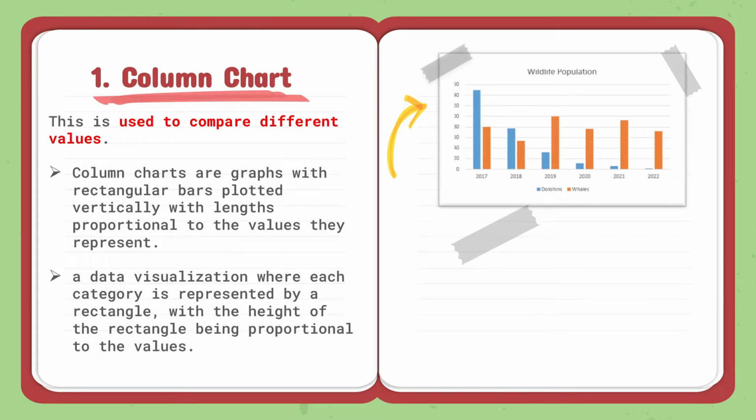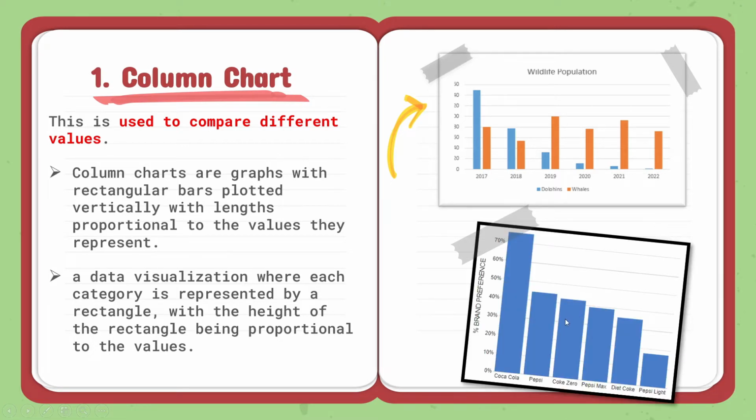So if you look at this one, this is an example of a column chart. The bars are plotted vertically, and the length of the bars is proportional to the values they represent.